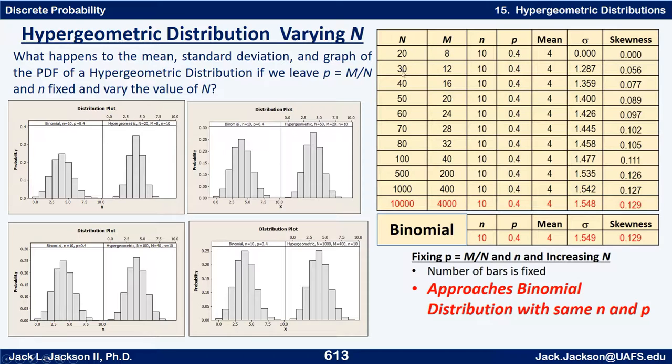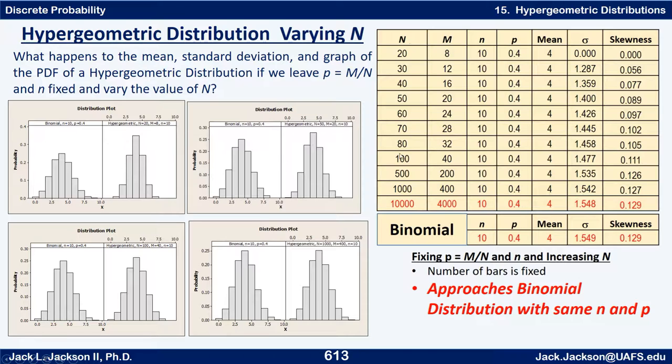N's going up 10, 20, 30, 40, 50, 60, 70, 80, and then I jumped up to 100, 500, 1,000, 10,000. If you look at 10,000 here, this is what we get for a hypergeometric. And look at a binomial with the same n, the same p, it turns out to have the same mean, and look here, the standard deviation is almost the same, and the skewness is almost the same as well.